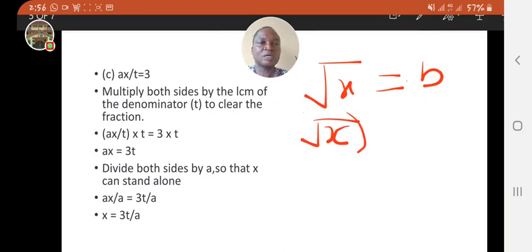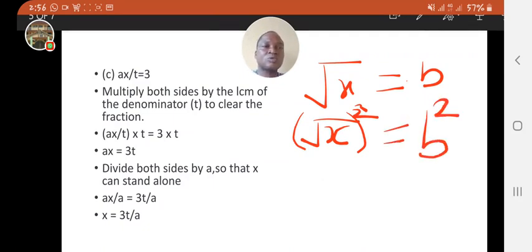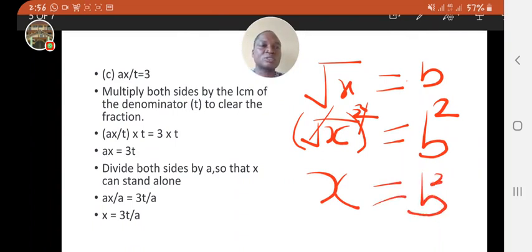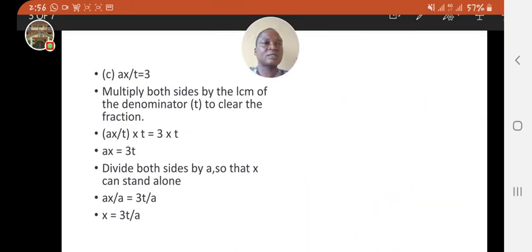The square of both sides equal to b squared. So the square cancels the square root, as you can see, and we have s equal to b squared. Now the s is standing alone. That is our final answer.